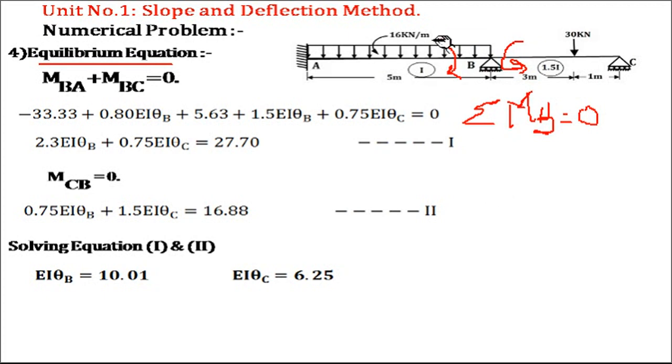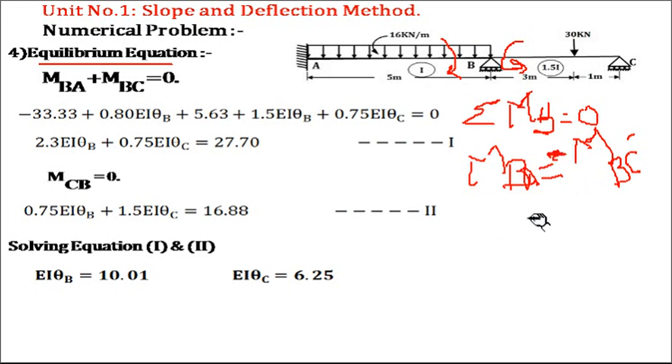Here we consider anticlockwise as positive, so this moment MBA is in anticlockwise, so positive, and MBC is in clockwise direction, so minus.